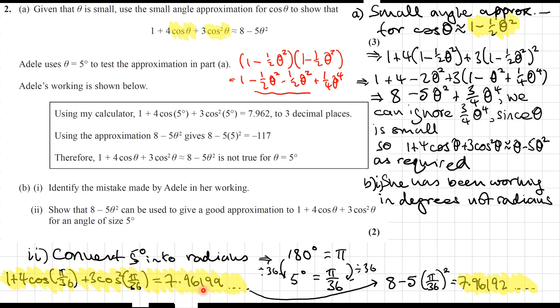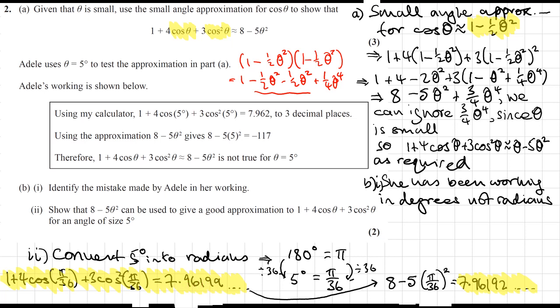So they agree to 1, 2, 3 decimal places, if rounded, because they will both round to 7.962. After that, they're going to round to something different. To 4 decimal places, this will round to 7.9619. This would round to 7.9620.